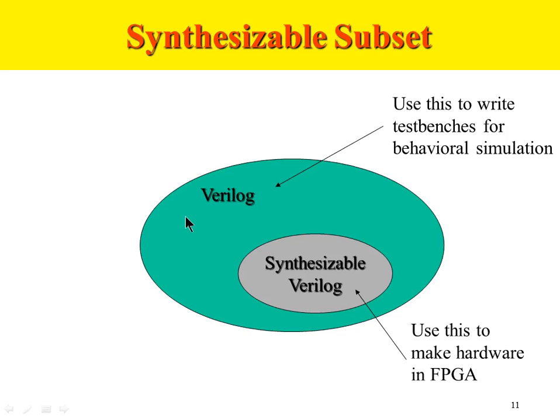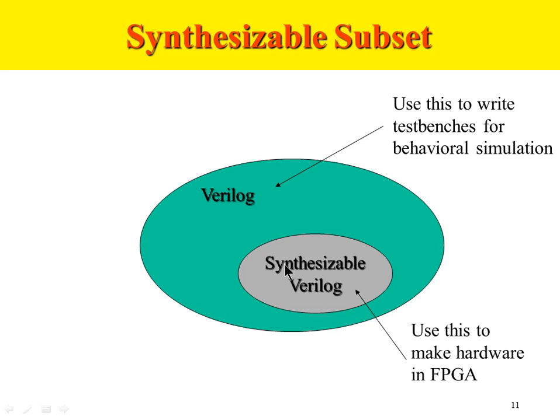This is the entire Verilog language. Out of this is synthesizable Verilog, which can be used to implement hardware on an FPGA or an ASIC device. The rest of the language is meant only for simulation purposes. So there is still a lot of the language which is only meant for simulation. Part of the language can be synthesized to hardware, and this ratio is around 60-40.